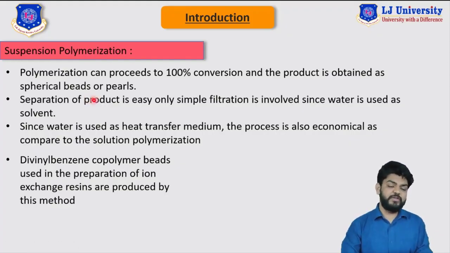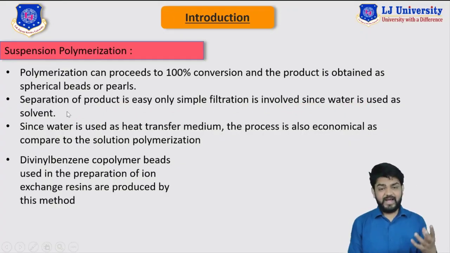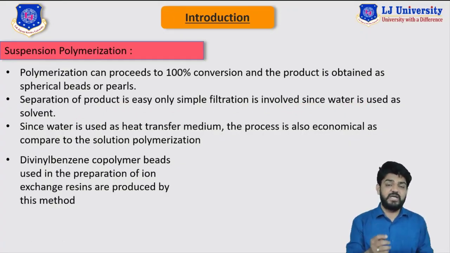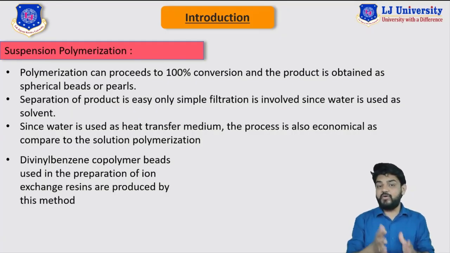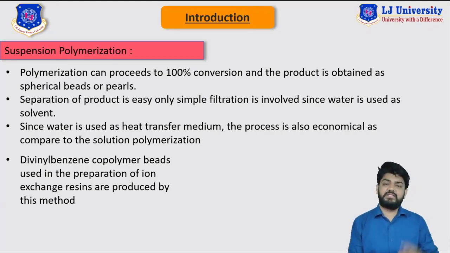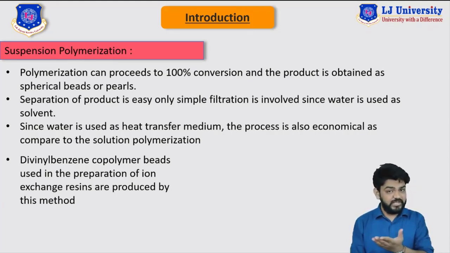The separation of the product is easy and only simple filtration is involved since water is used as the solvent. Because we are getting the polymer in the form of beads and granules, we can easily separate our polymer product and the rest of the solvent by means of simple filtration, as the beads will be retained on the filter paper and our solvent, which is water, will pass through the filter paper.